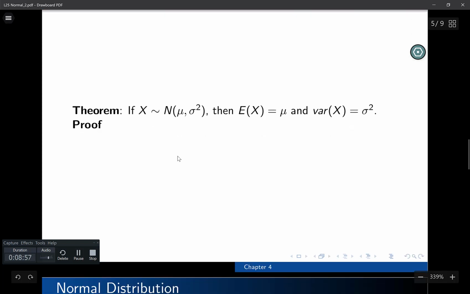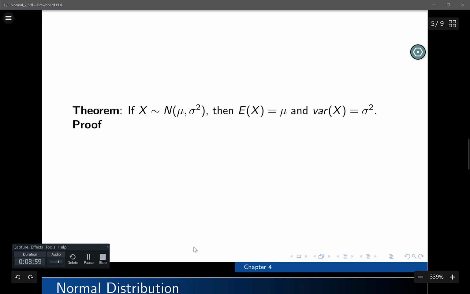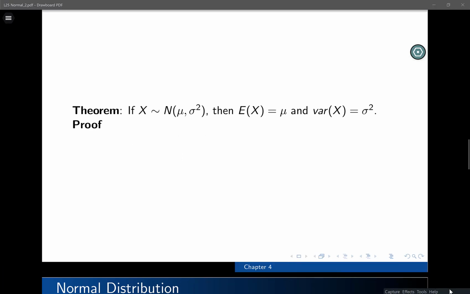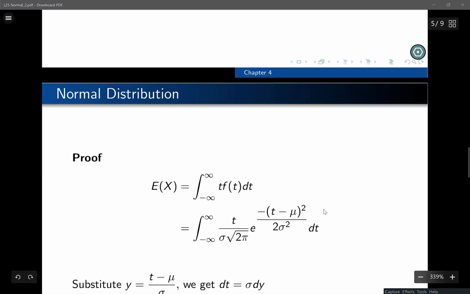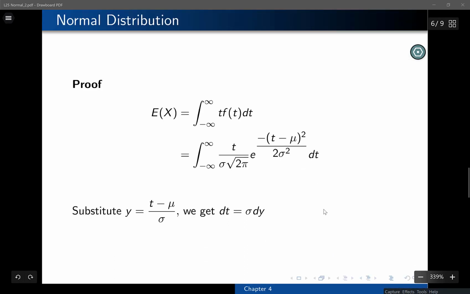So let's show this. The expected value of x is the integral over t times f of t dt, where f is the density of a normal distribution.